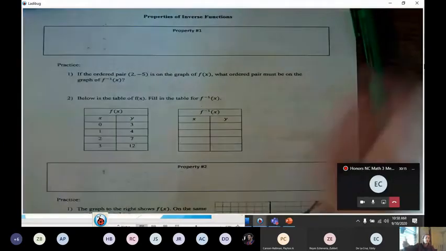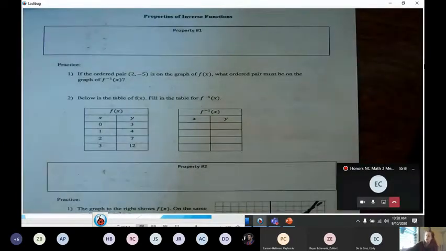All right. So property 1, I really like this property. It's pretty straightforward.